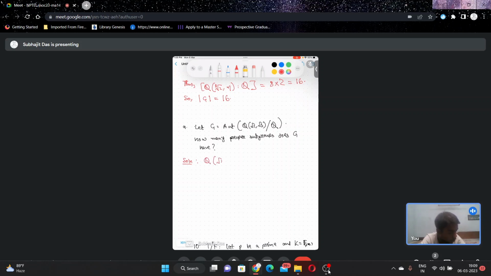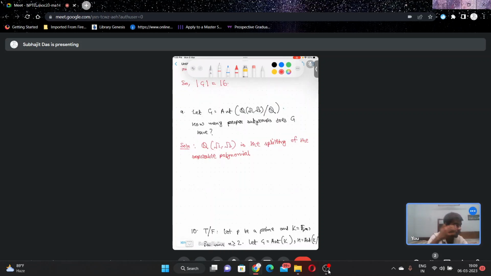Q adjoined with root 2, root 3 is the splitting field of the separable polynomial (x square minus 2) times (x square minus 3) over Q. Thus Q adjoined with root 2, root 3 over Q is Galois.